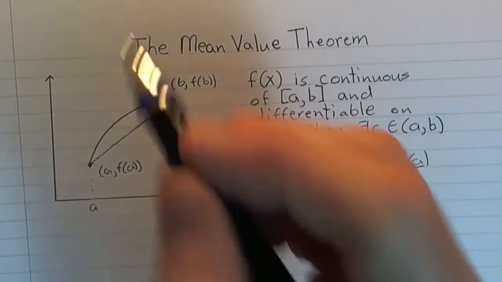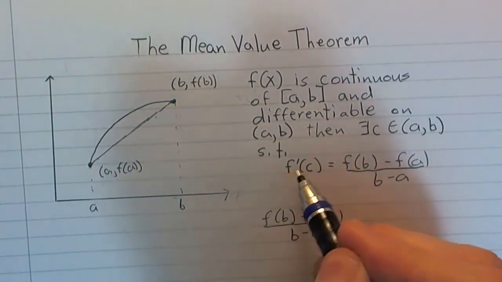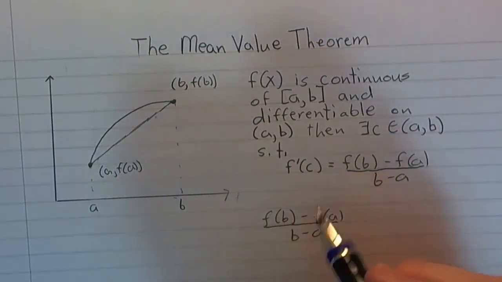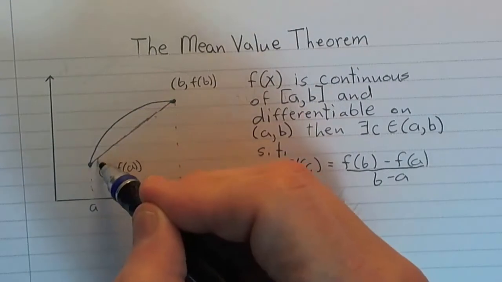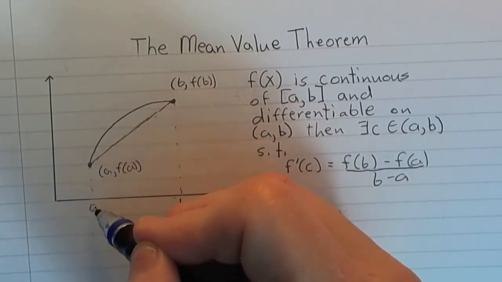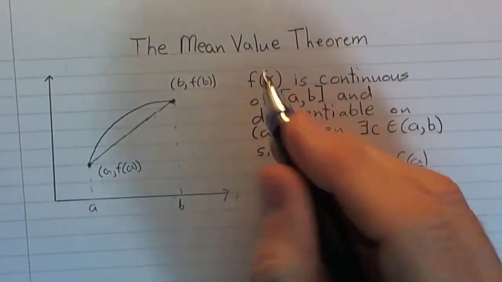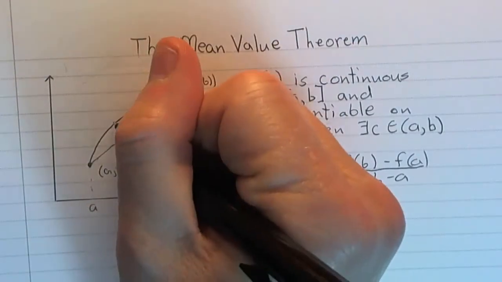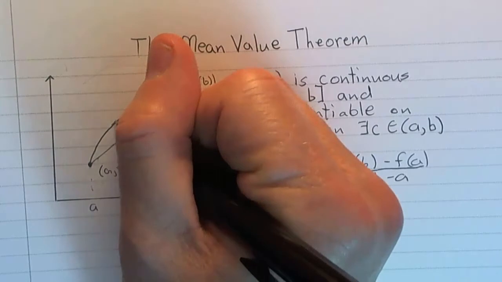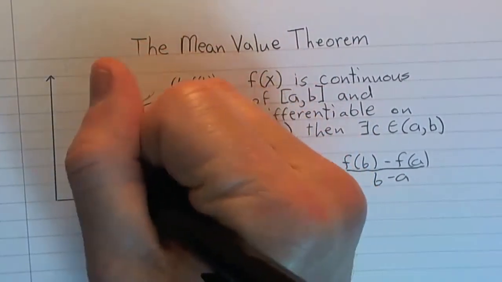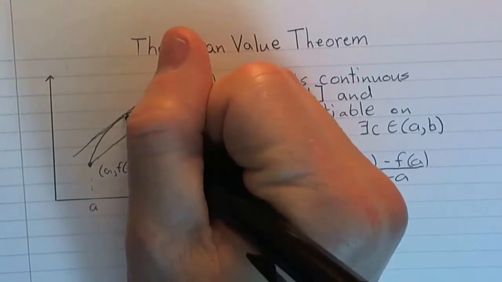Now, let's think about this f prime of c. Remember, this is the average rate of change. The slope of this line represents the average rate of change from x equals a to x equals b. Well, what the mean value theorem is telling us is somewhere up here, there's a tangent that is parallel to this line.